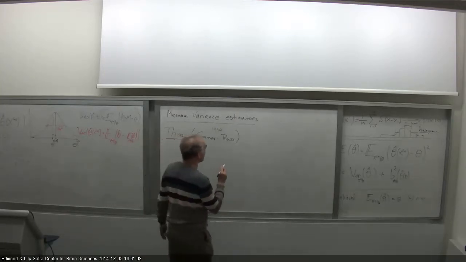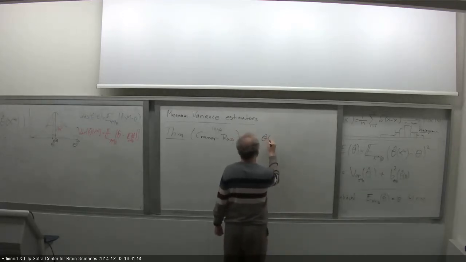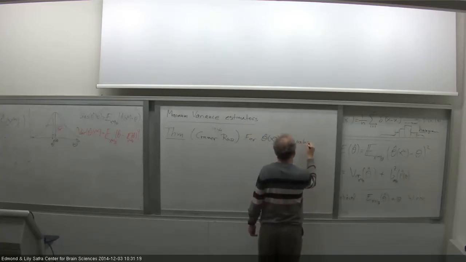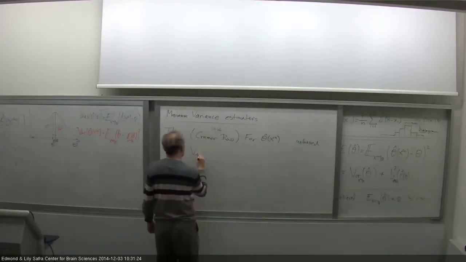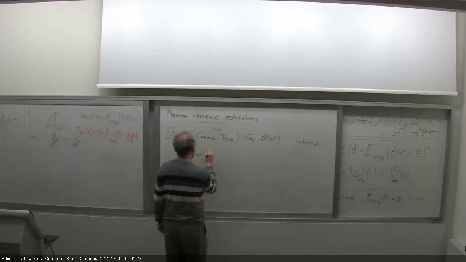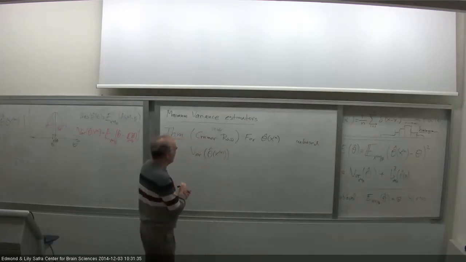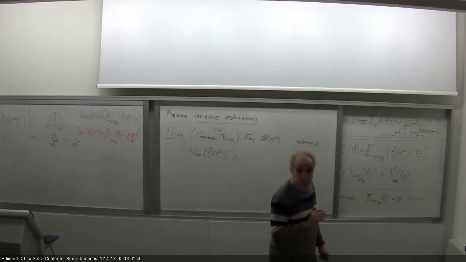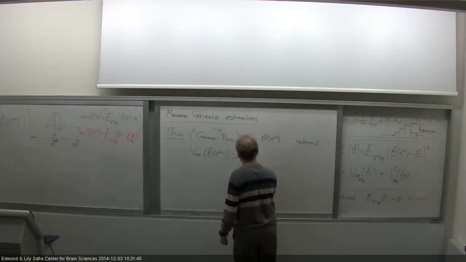And the Cramer-Rao bound is telling us essentially that for theta hat of xn, an unbiased estimator, the variance of the estimator from a sample of size n is going to be bounded below by some positive number that we denote by Jn of theta.